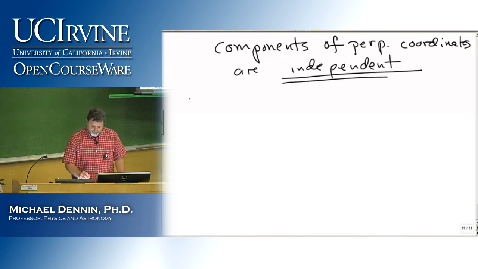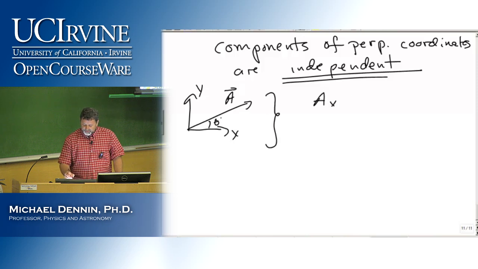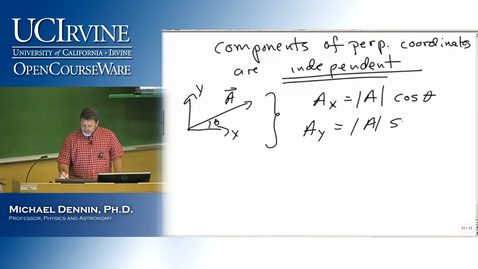So that if I have an x and y axis, and I have some vector A, and if that's my angle theta, then AX equals the magnitude of A cosine theta, AY equals the magnitude of A sine theta.